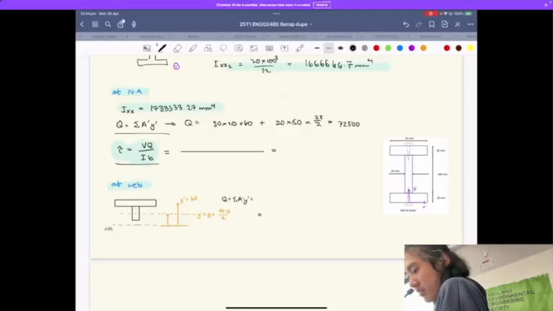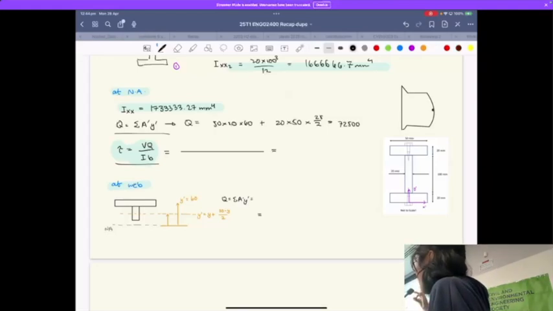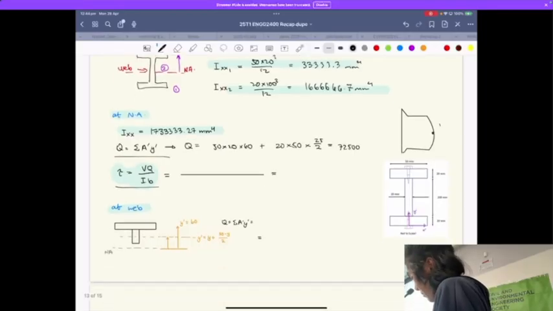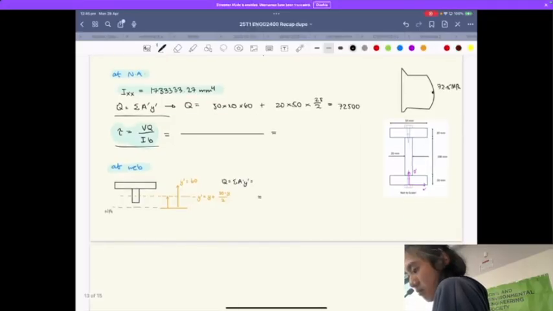I think it doesn't really matter because when you're drawing a shear stress distribution for an I-beam, it should look something like this. It's symmetrical on both sides. We're imagining that half of the beam is cut, and we're just taking the top side. So this part will be 72.5 MPa, I think.